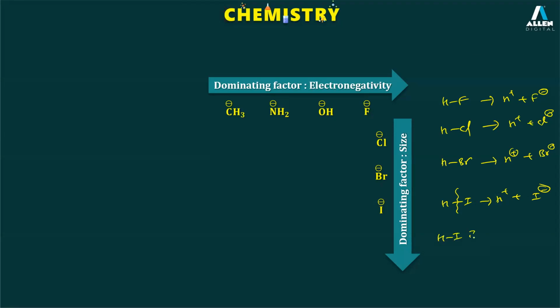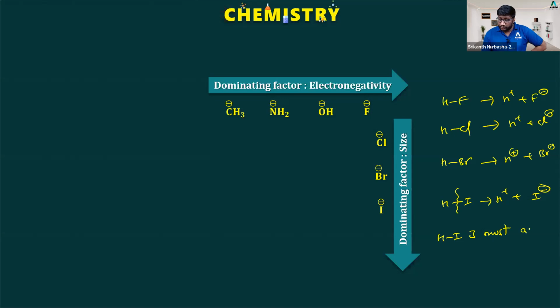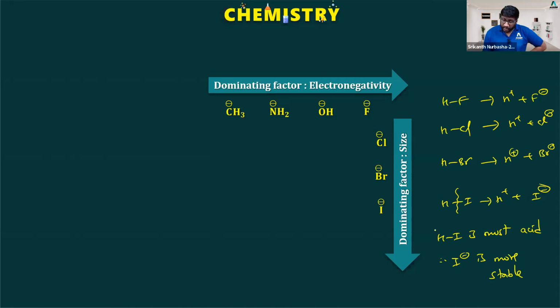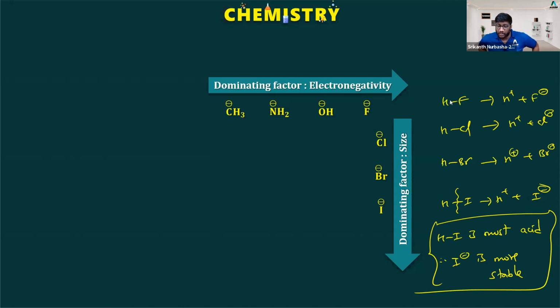HI is most acidic, which means I minus is more stable. Yes. HI is most acidic because I minus is going to be more stable because of least repulsions. In HF, the H-F bond is going to be a stronger bond, so F minus is going to be less stable when compared to I minus.